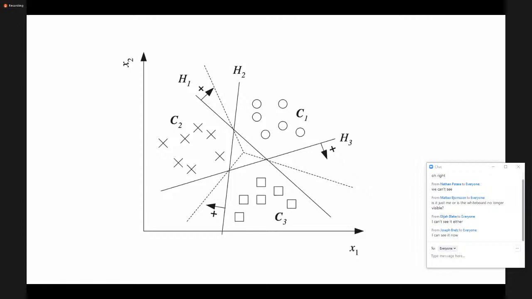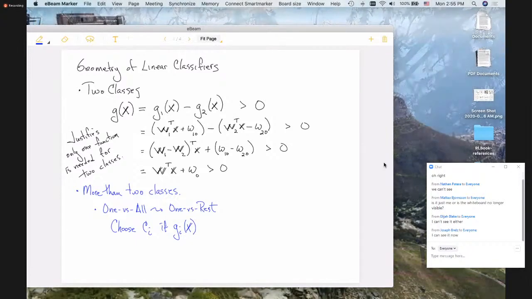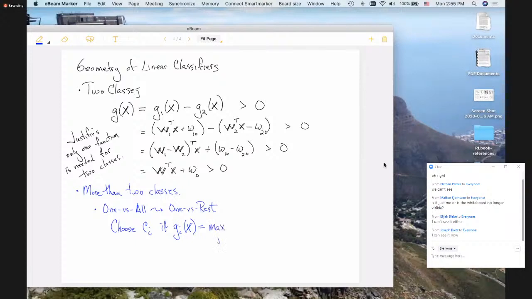What do? Well, there are a couple strategies, again, that have been proposed. One strategy simply says, choose class i if the value coming out of that classifier is the max over all of them.